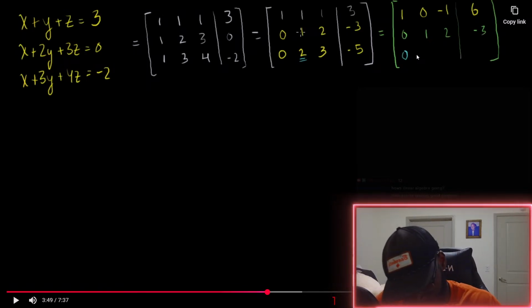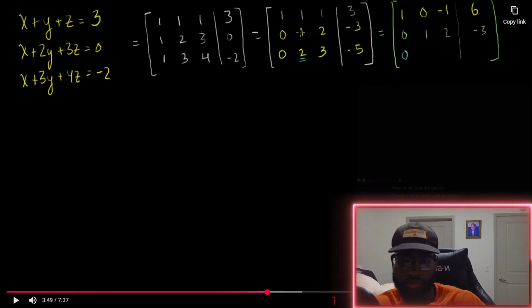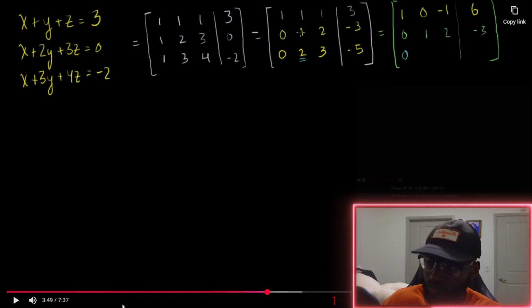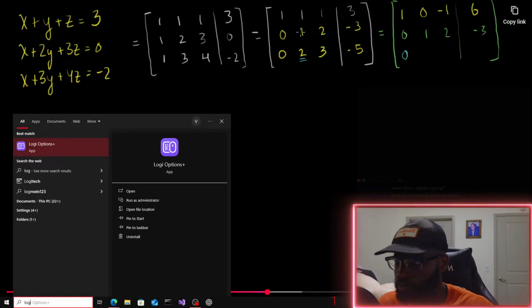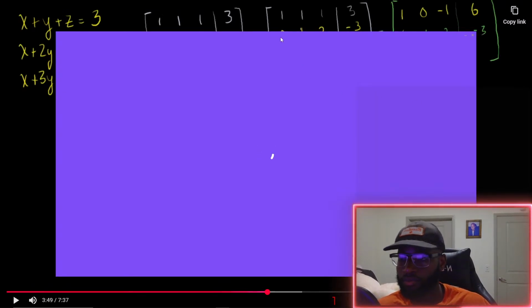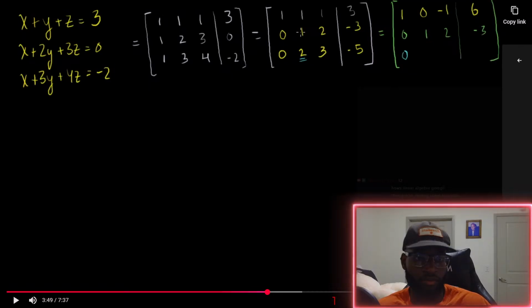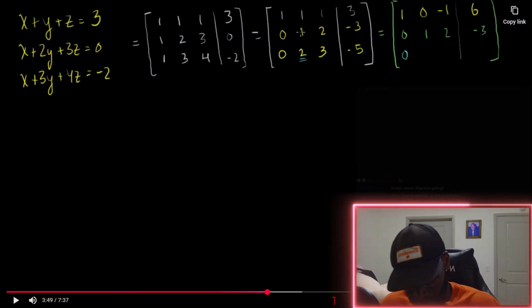What was I even doing? Row 1 minus row 3. Alright.